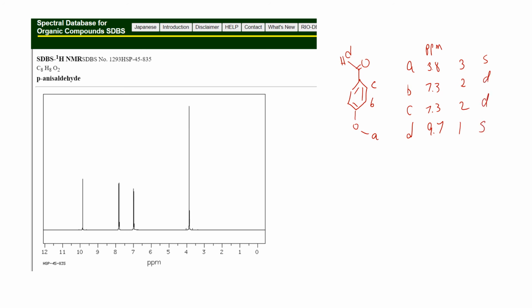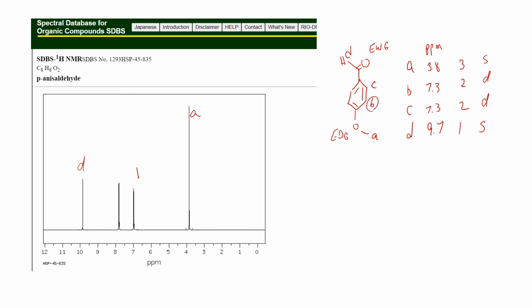So looking at this, we can see we've got the thing at 3.8, so that would be A, D, and then B and C. We have to again consider electron donating and electron withdrawing groups. If this is an electron withdrawing group and this is an electron donating group, B would be more shielded because it's close to the electron donating group.